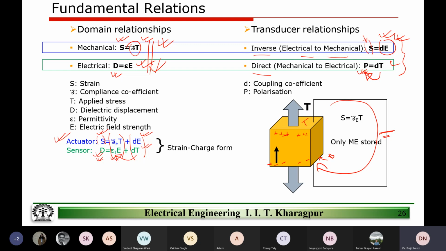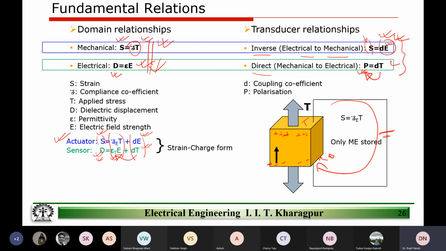We are saying that they are the same component, polarization, just that we call it by a different name. So basically it is nothing but charge per unit area, the surface charge density. So D and P is 1. And we have another component E, which is the external field that we are applying, right?